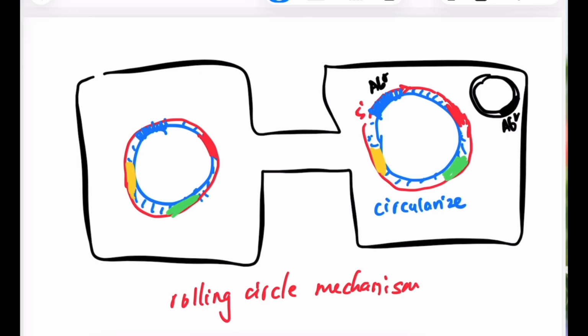Now they acquire another antibiotic resistant gene. Okay, and then here is another drug resistance gene. Okay, so they benefit because this is how they get other genes from other strains that have beneficial mutation.